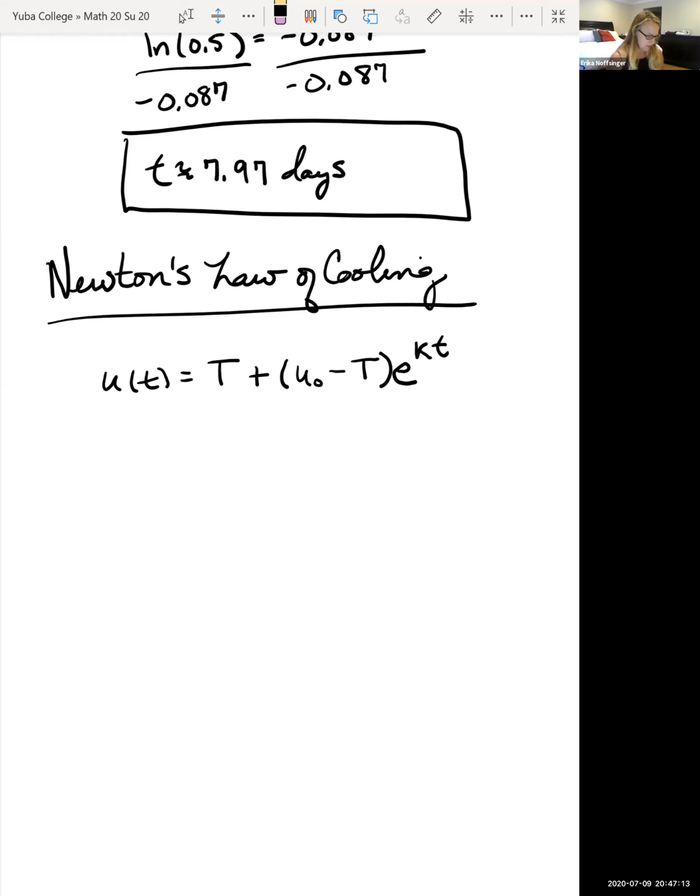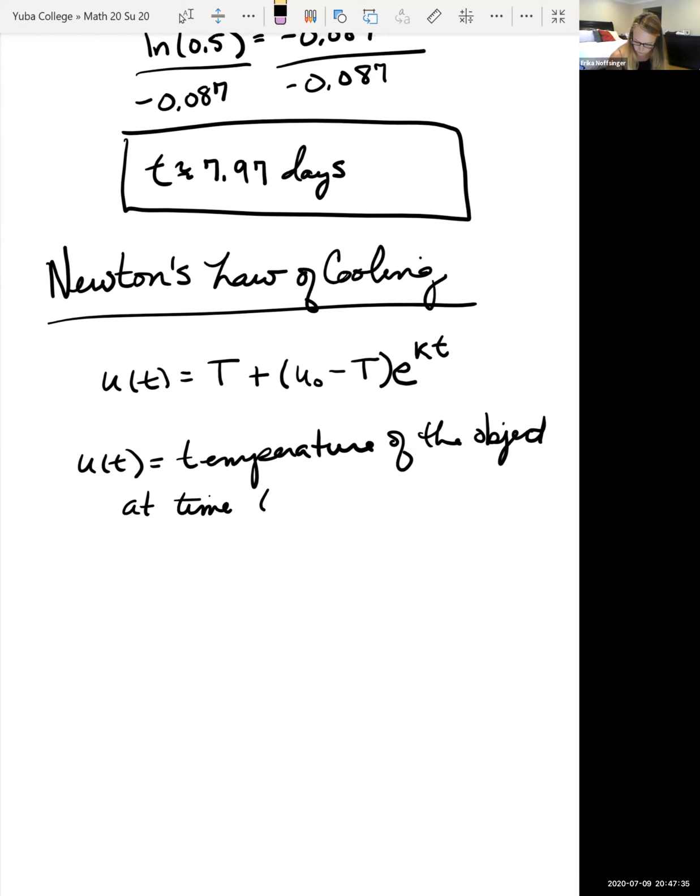So the temperature U of t of a heated object, the temperature of the object at a given time t, can be modeled by that function, where capital T is the constant temperature of the surrounding medium.